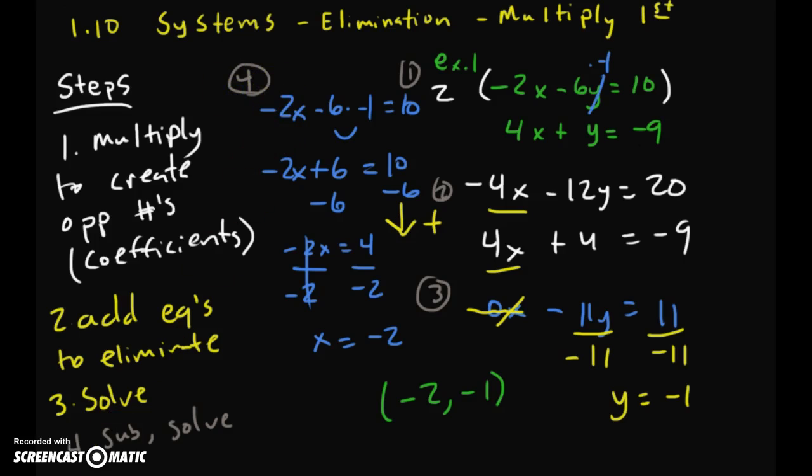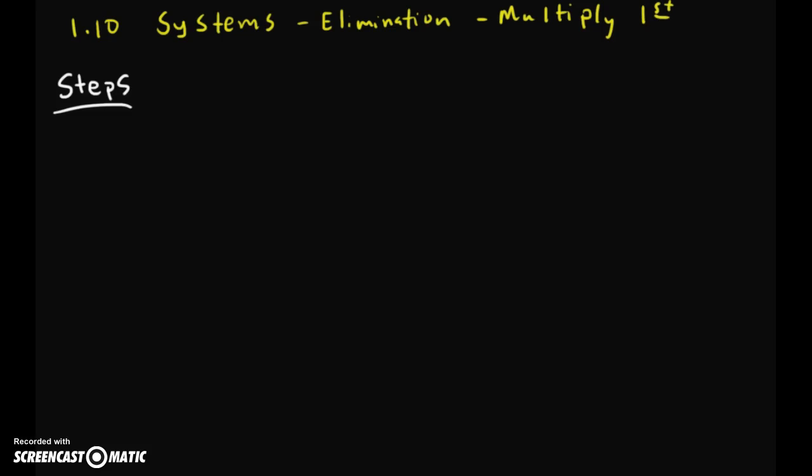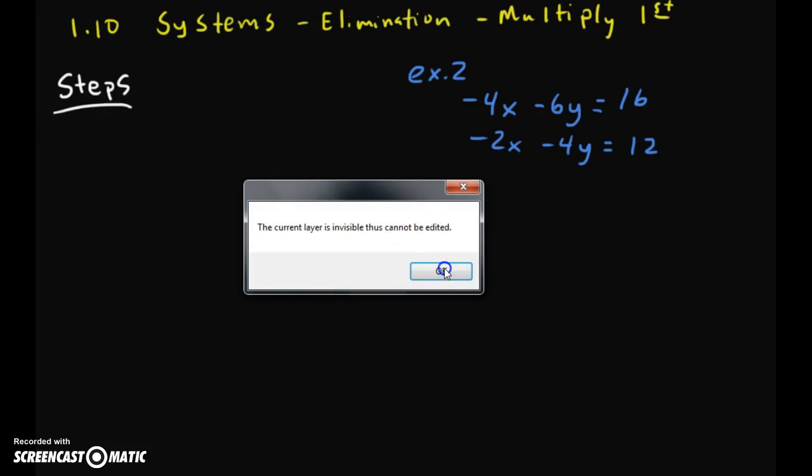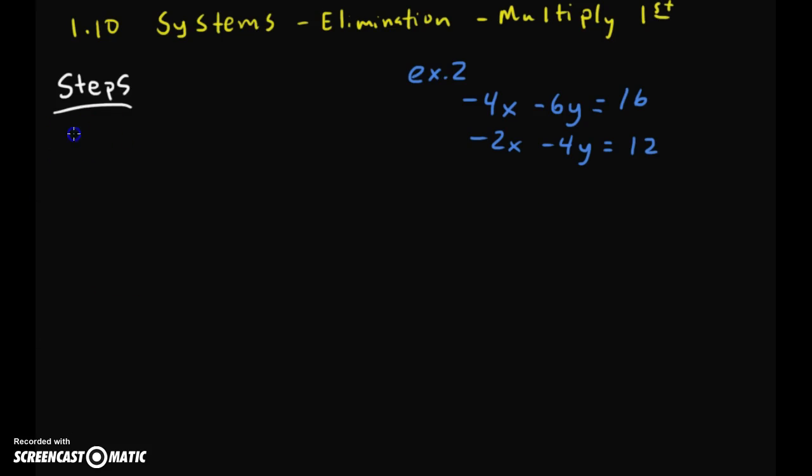Let's go over one more example. So here we have example 2. We know that our first step is going to be to multiply, to create opposites.